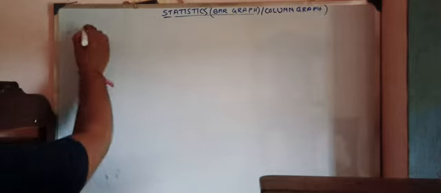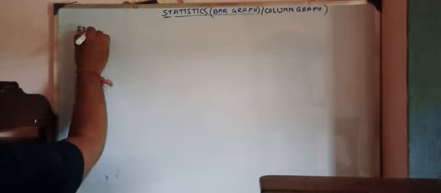So, let us take one example. Example number 1. 70 students from a locality use different modes of transport to go to school as given below.